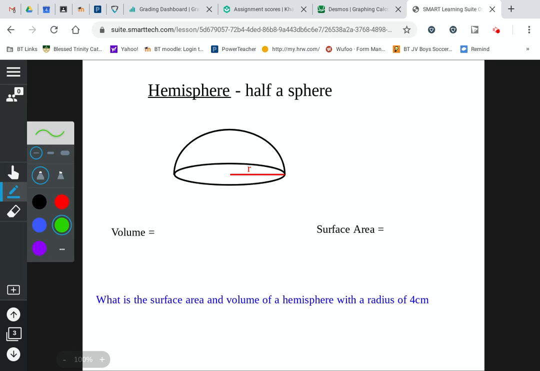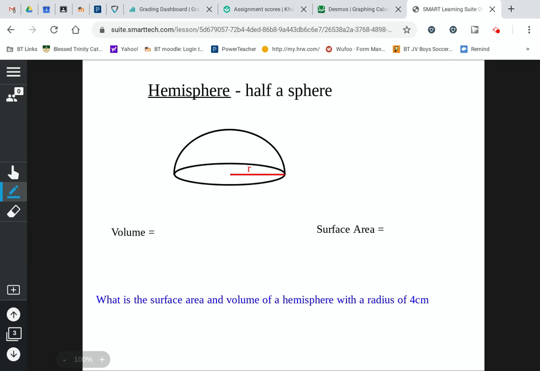Volume is pretty simple. Guys, if the volume of a regular sphere was 4/3 pi r cubed, if you take half of that, it's going to be 2/3 pi r cubed. So that's the volume of a hemisphere.